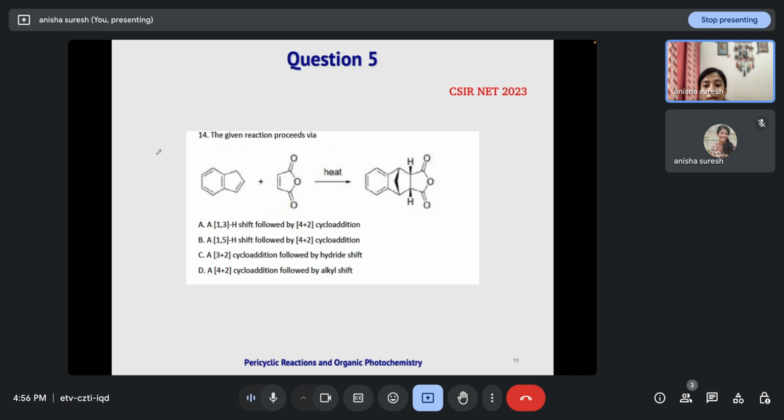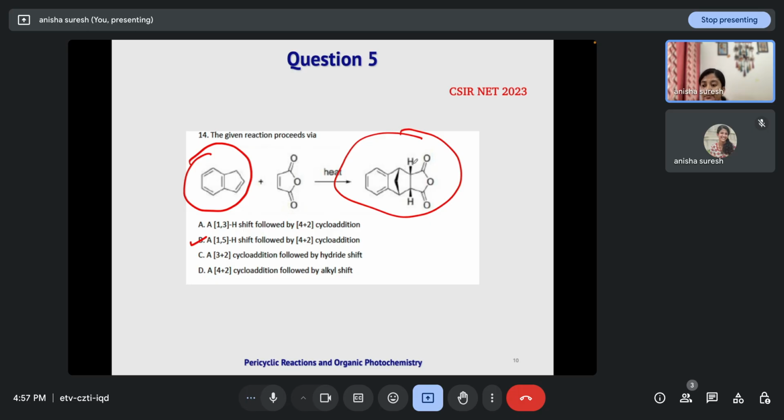So option B is the right answer. First a 1,5 hydride shift will take place, followed by a 4 plus 2 cycloaddition reaction. Is it clear? This starting material will be undergoing a 1,5 hydrogen shift, resulting in the formation of the diene component for the Diels-Alder reaction to take place. Then it will undergo a 4 plus 2 cycloaddition reaction, resulting in the formation of the final product. The stereochemistry of this hydrogen is dictated by the endo rule of the Diels-Alder reaction.